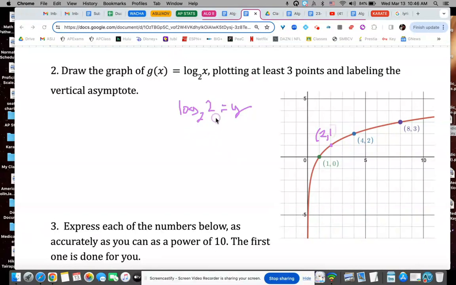But if I put in 4, I'm looking for powers of 2. 2 to the second power is 4, so 4, 2. 2 to the third power is equal to 8. So I'm going 2 to the first, 2 to the second, 2 to the third, and that equals 8. So that gives me 8, 3.